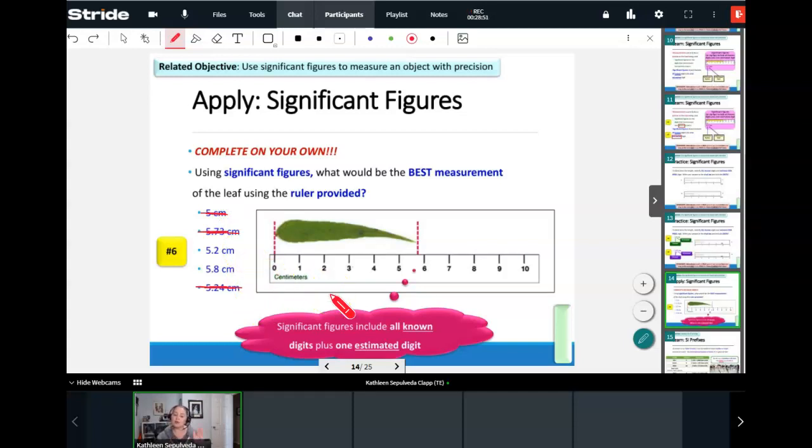Where is the middle between 5 and 6? Is it past the middle or is it below the middle? Good, Johnny. Good, Amy. Good. Yeah, it's past. So obviously 5.2 won't cut it. And the only option left for here is 5.8, right? So there is your answer for number 6.